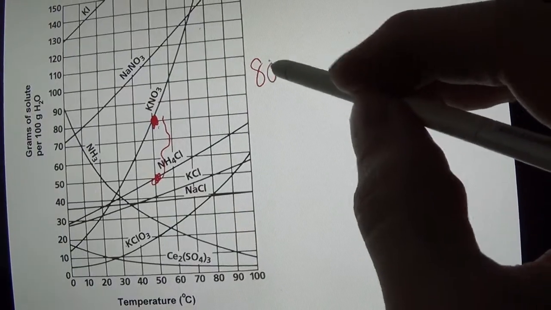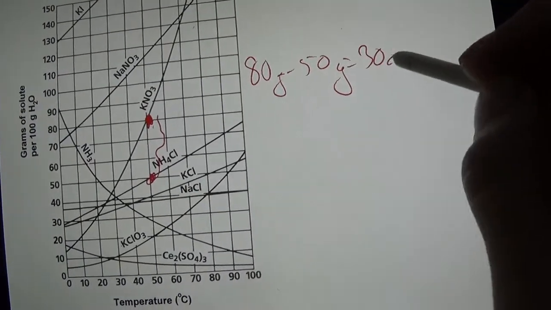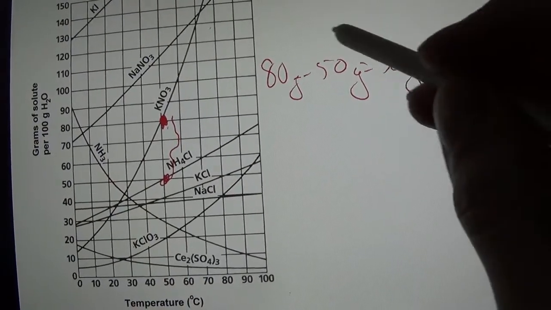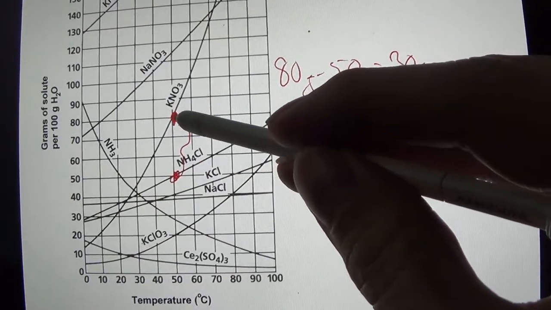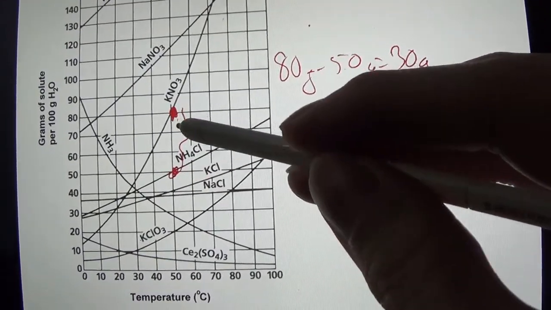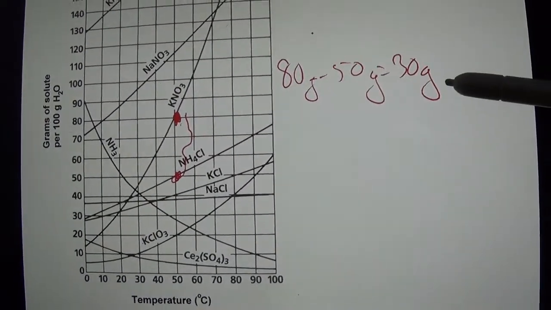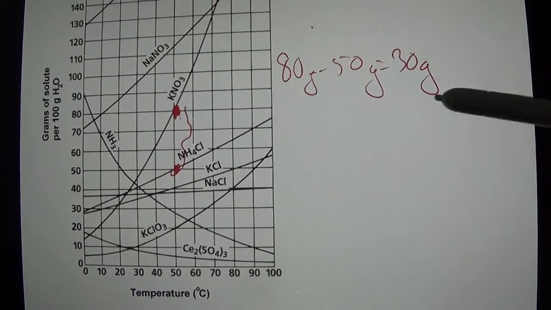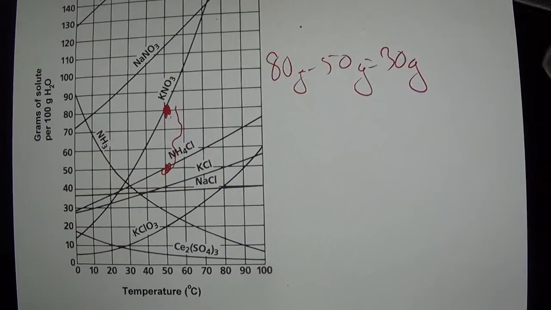That's a difference. 80 grams minus 50 grams is a difference of 30 grams, meaning I can still dissolve 30 grams more in that solution of 100 grams of water, and it will all still dissolve. So that's some of the power of a solubility curve. It not just tells us it's unsaturated, but how unsaturated, how much more we can still dissolve.